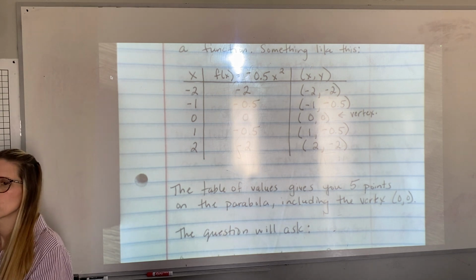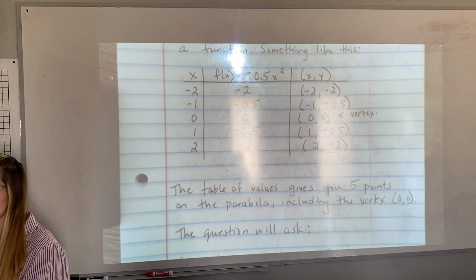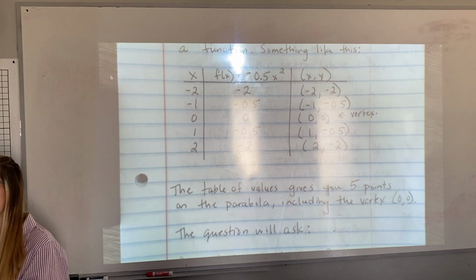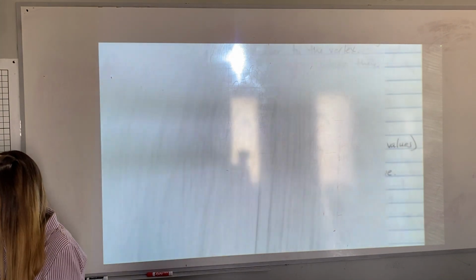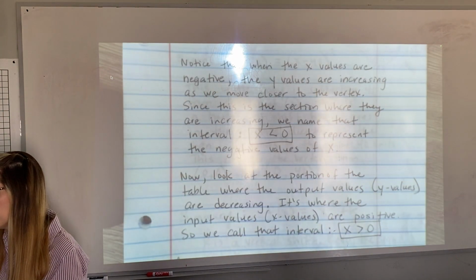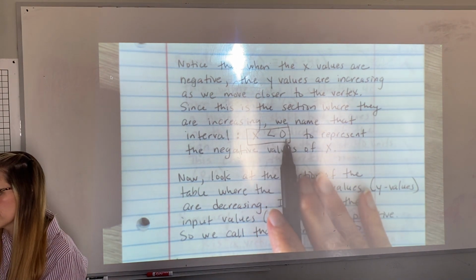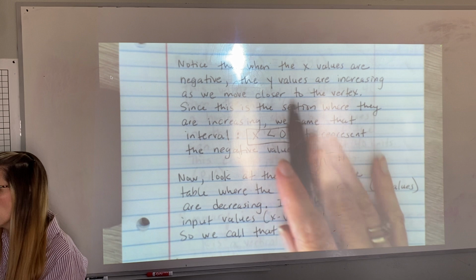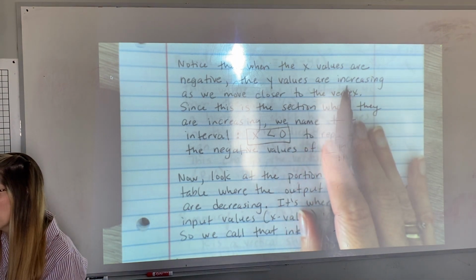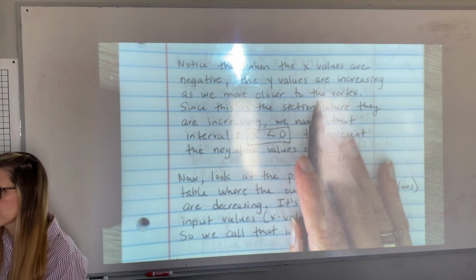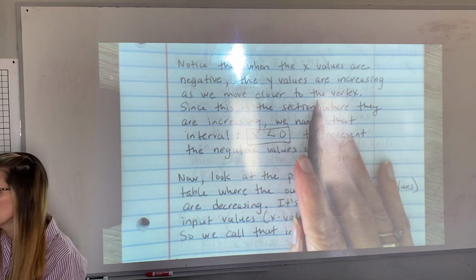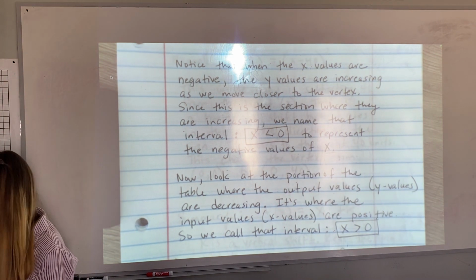How would we represent that space or that interval with an inequality? X is greater than 0. Oh, less than 0. Yes, very good. So we would say that x is less than 0. The y values are increasing as we move closer to the vertex from that negative spot on the x-axis.